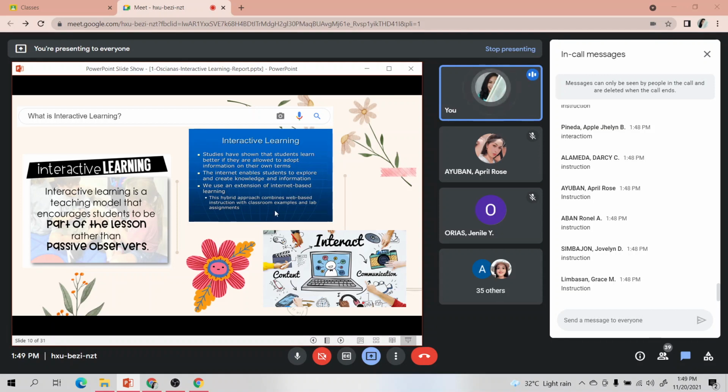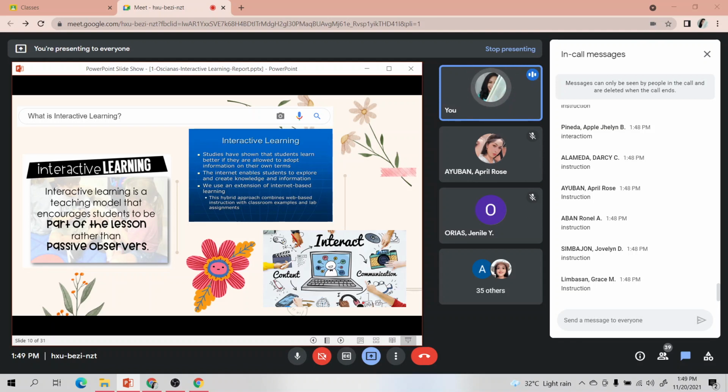As we are in the digital era nowadays, it is really helpful to have the internet. But of course, we have to consider that some of our students cannot access it, especially in our school, which is remote, in Talipukpok, so we can't apply this one. So we use an extension of internet-based learning.